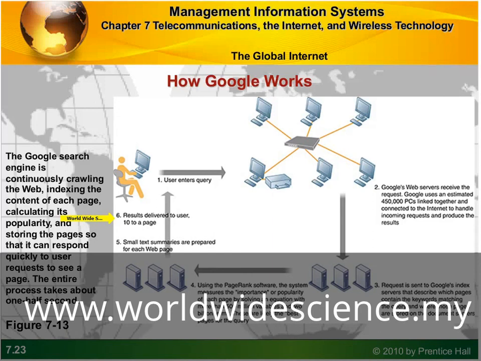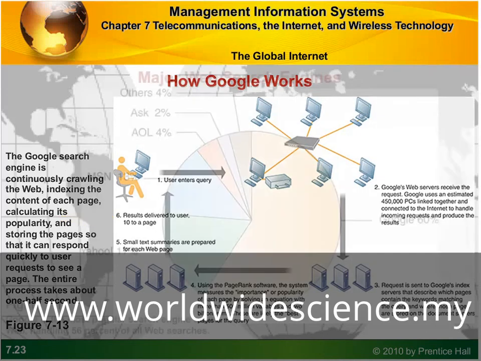This is how Google and the search engine works. They use indexing, and there are so many computers and servers that find the information, index it, rank it, and then finally show the result to the user.